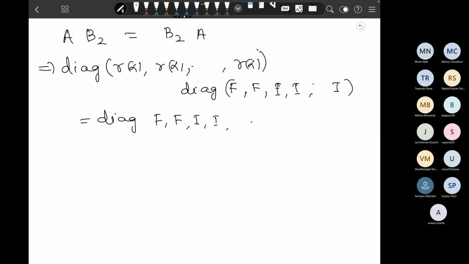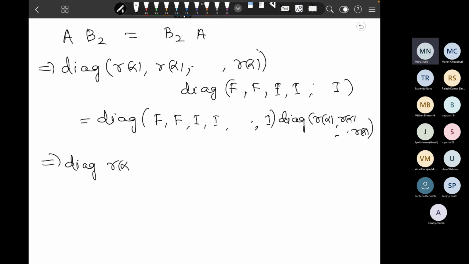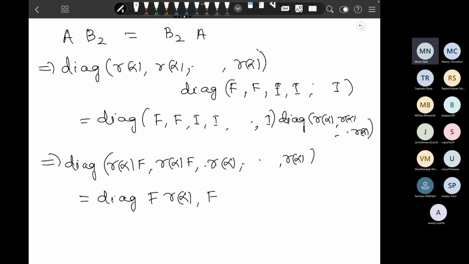So this is really the diagonal of R alpha, R alpha, R alpha times the diagonal of F, F, identity. It will just multiply the usual way. So this is really diagonal of R alpha F, R alpha F, and the rest of the things are R alpha. So diagonal of F R alpha, F R alpha, and this is really R alpha, R alpha.